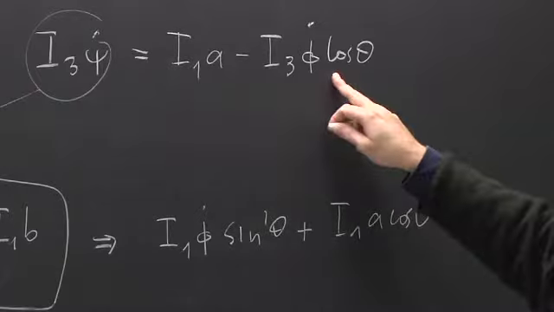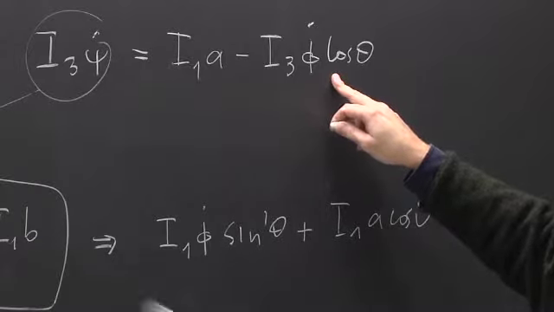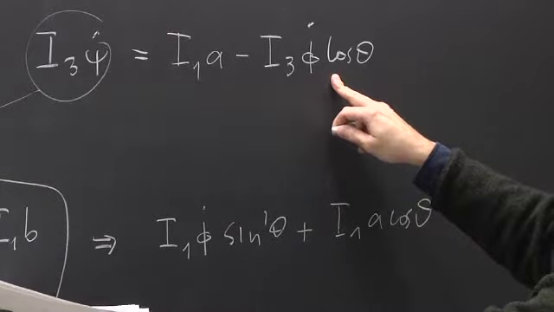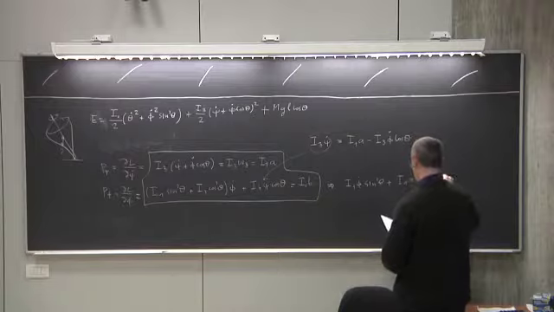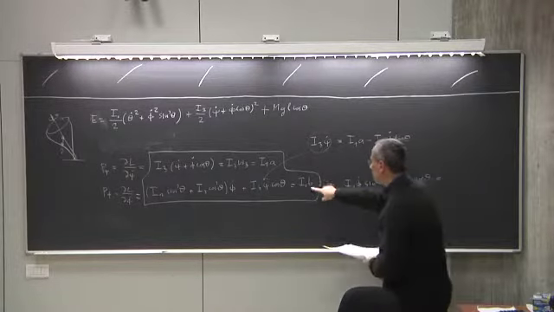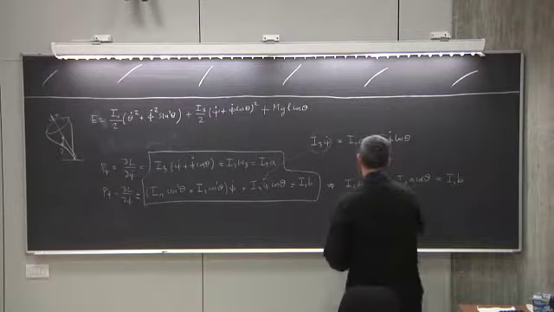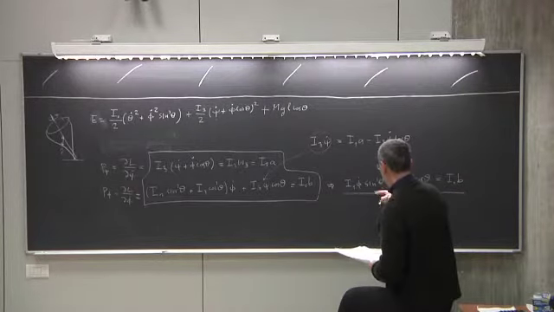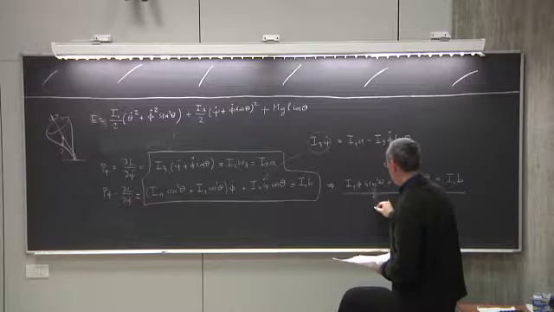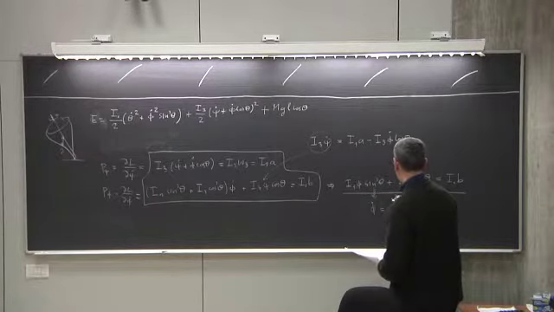And then you see that this one, when you plug it in, cancels that one. So all this is equal to this constant that I call I1 b. So now I can extract phi dot.